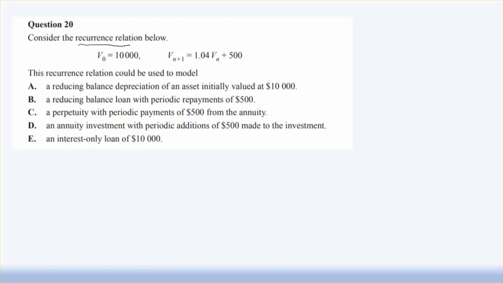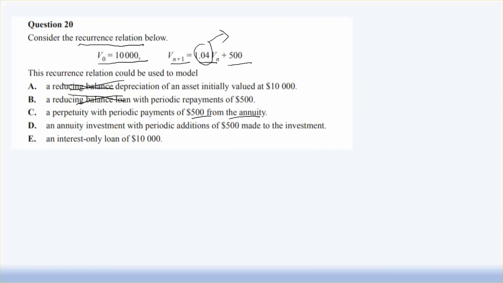Another recurrence relation question. Initial value is 10,000. The next value equals 1.04 times the previous value plus 500. What could we use to model this? Well, it's increasing. So I can get rid of reducing balance straight away. A perpetuity with periodic payments of 500 from an annuity.